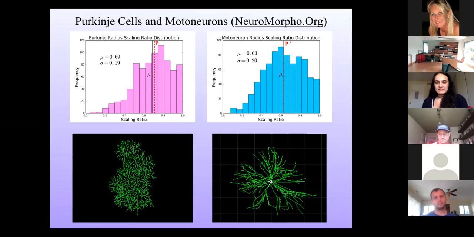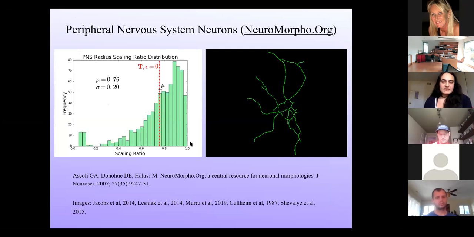But in order to test this importance of time even further, I wanted to look at scaling ratios in the peripheral nervous system neurons themselves. So I looked at this and I found that the mean for peripheral nervous system actually was closest to the theoretical prediction minimizing time in the unmyelinated case, which makes sense because we're focusing on dendrites and not axons.